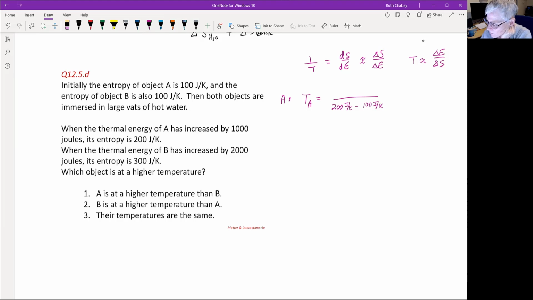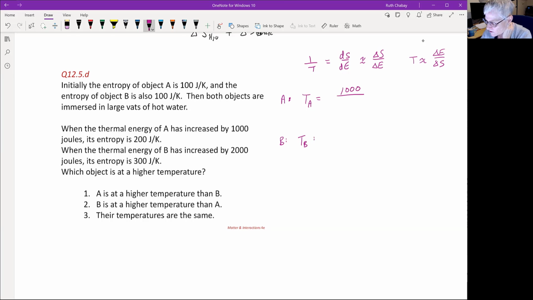Read the problem: the energy has increased by 1000 joules.